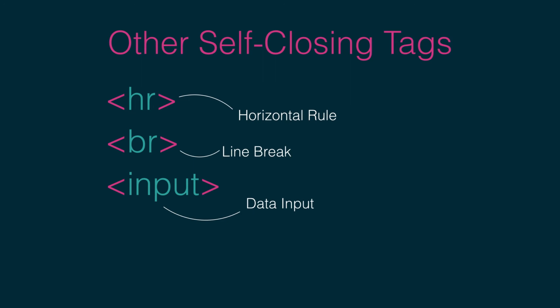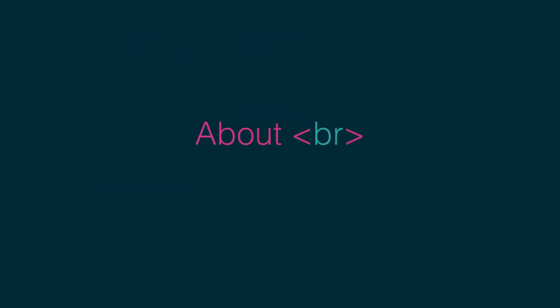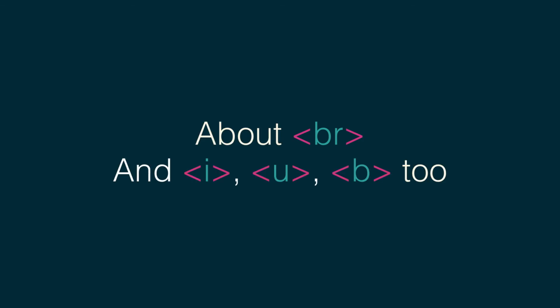I don't think that's an exhaustive list, but there are some relatively simple ones that you might be aware of. It's definitely not exhaustive because my next slide is talking about BR. And also the I tag, the U tag, and the B tag.